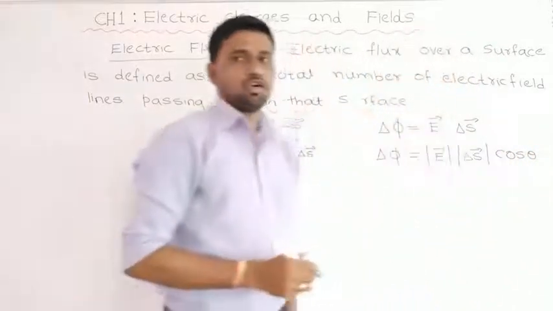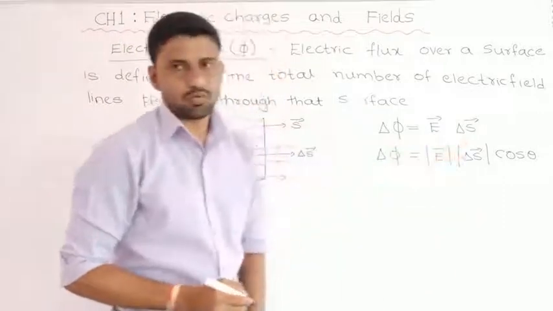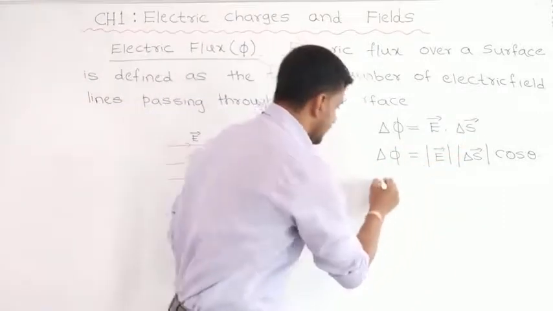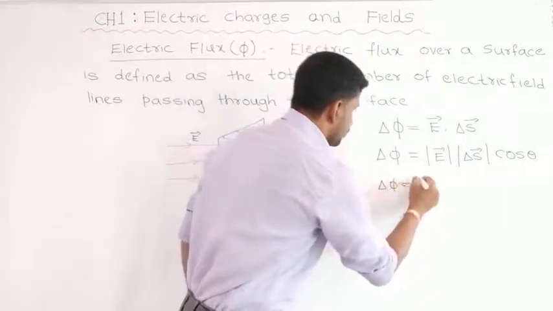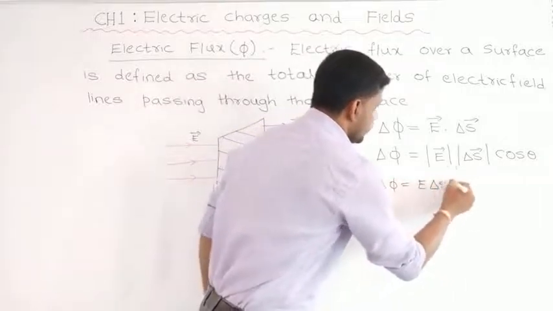Here the two vectors are the electric field, which is one vector, and the surface area vector, which is the other. Then it is called the dot product or scalar product of two vectors, and it can be written as delta phi is equal to E delta S cos theta.